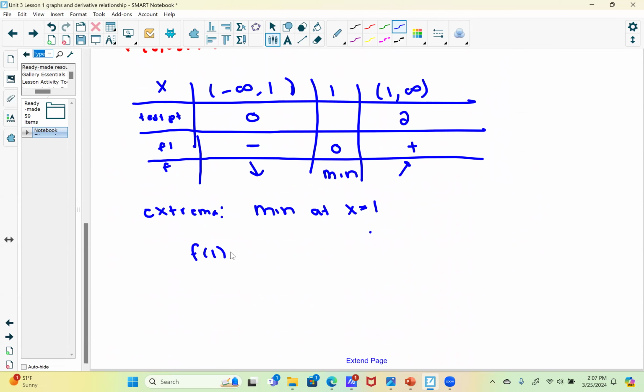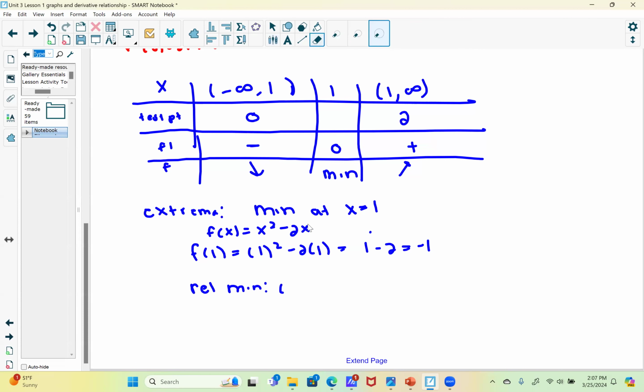The original function was x squared minus 2x. And so I'm going to find 1 squared minus 2 times 1. And that gives me -1. And so my extrema, my relative min, is at (1, -1).